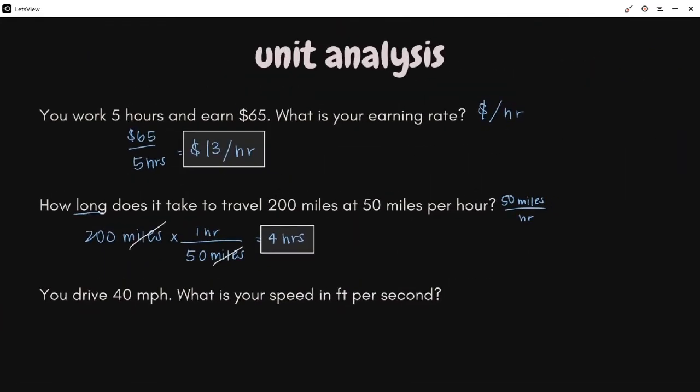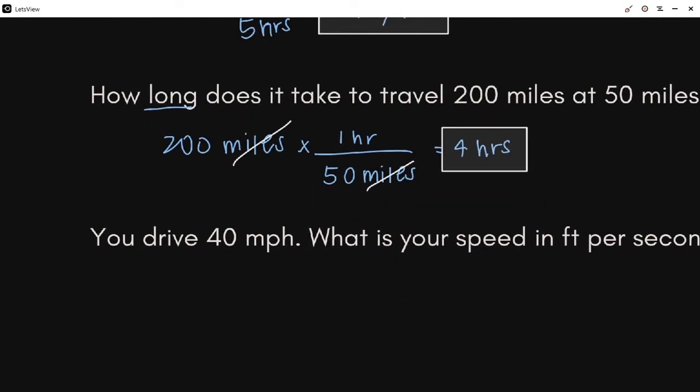Alright, the last one, you drive 40 miles per hour. What is your speed in feet per second? So this one, we want to convert both miles and hours into feet and seconds. Oops, let me use blue. Okay, so this is 40 miles per hour. So let's switch hours to seconds first because that's kind of easier.